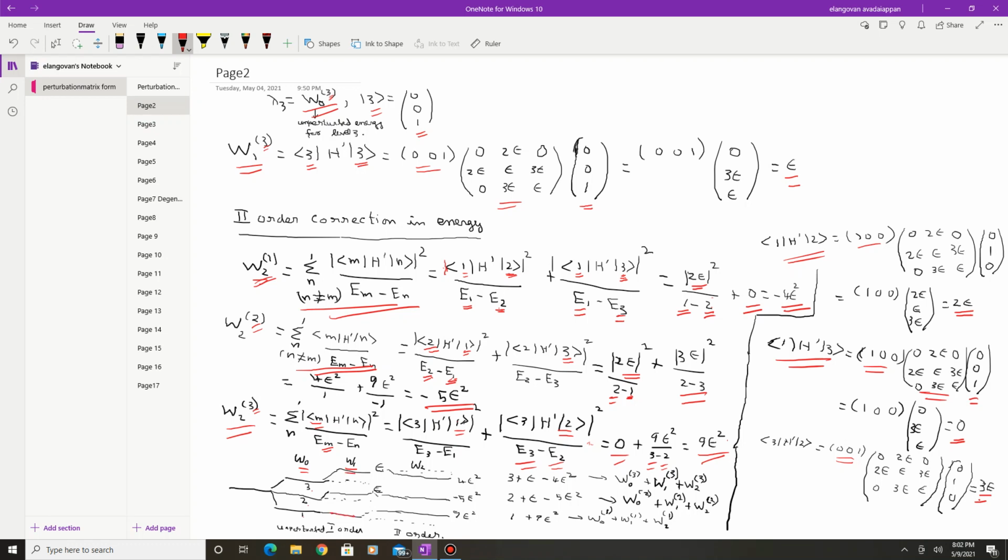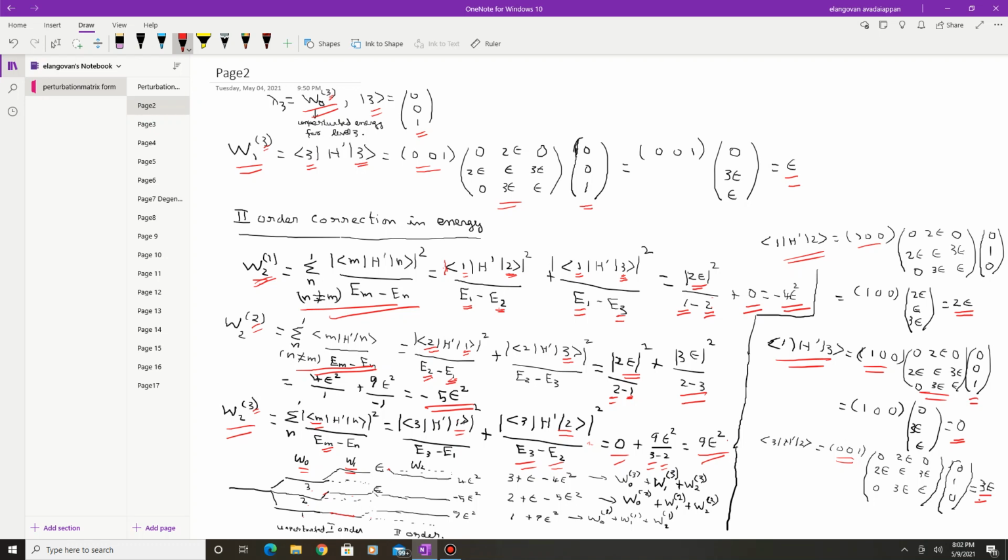So first order correction is 0, and here there is a small shift, and here also there is a small shift that we already calculated, W1 2 and W1 3. And here is the second order correction, and from here with respect to here there is a shift in energy. So this is minus 5 epsilon square.